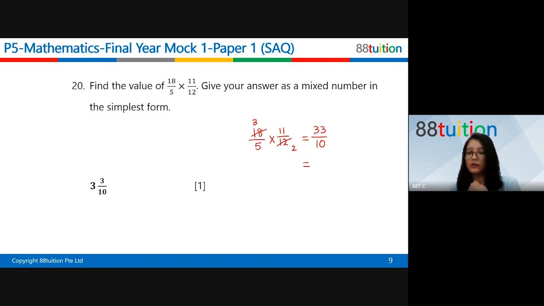Then we need to see 33 has how many groups of 10? There's 3, right? The nearest is 30. 3 times 10 is 30, so that's 3. So there's a remainder of 3. The denominator never changed because the denominator just tells you how many parts there are in the whole. So this is how we convert mixed to improper. Technically, you learned this last year, so this one should be easy. It's the multiplication that you learned this year.